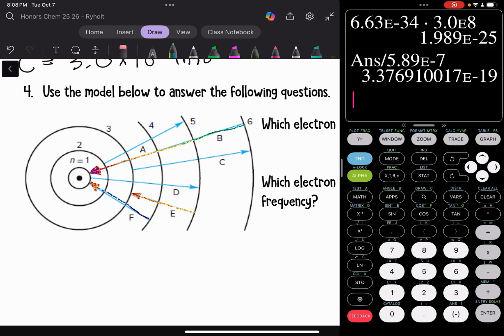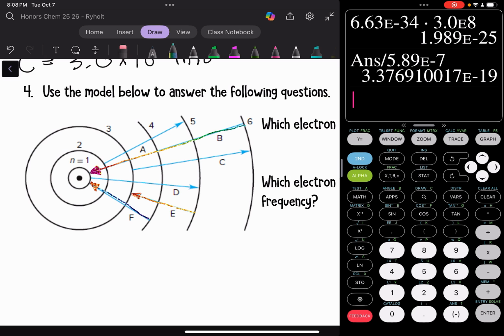The ones that are moving from outside to inside are producing light. And when I say light, it really could be any sort of electromagnetic radiation on that spectrum. The key thing to remember here is the more energy levels that you fall from the outer, higher energy levels, the higher the frequency and energy of the light that you produce is going to be.